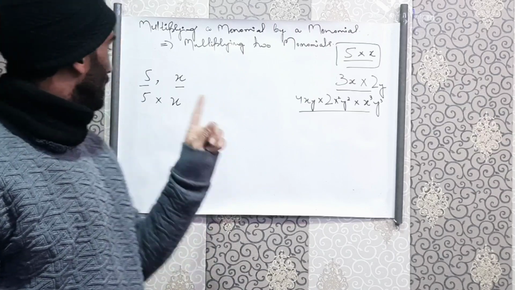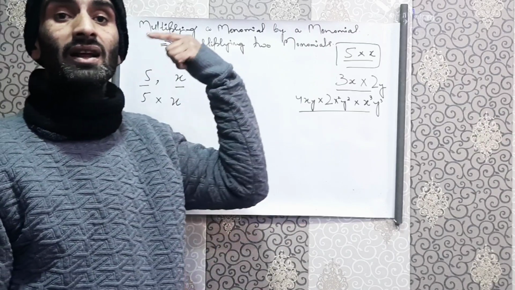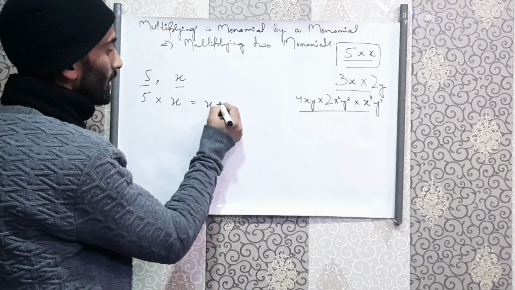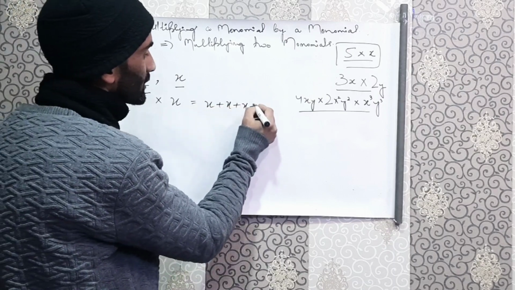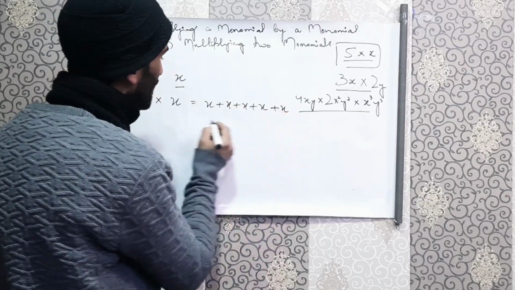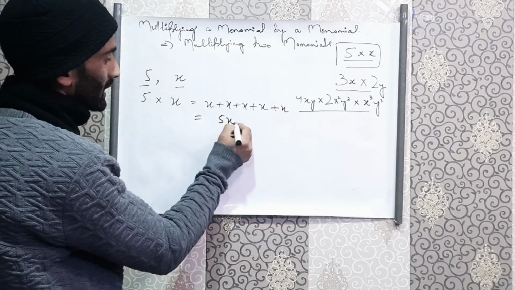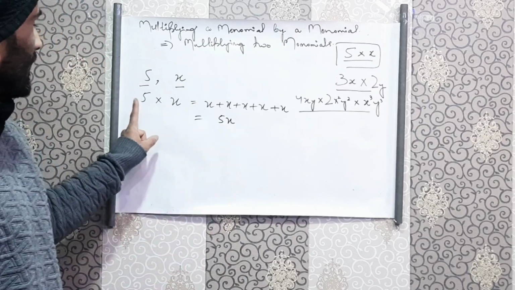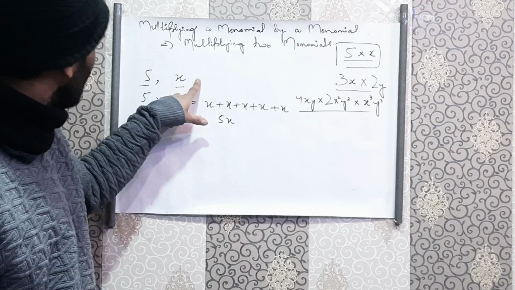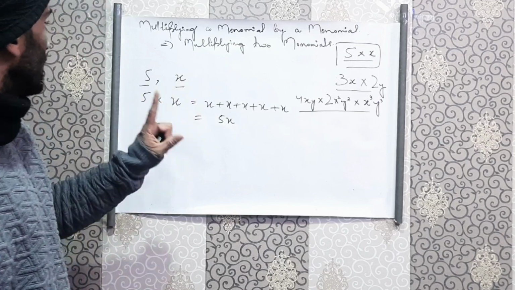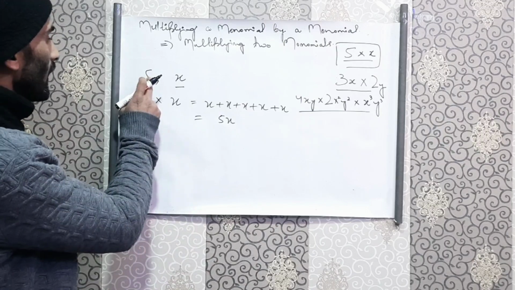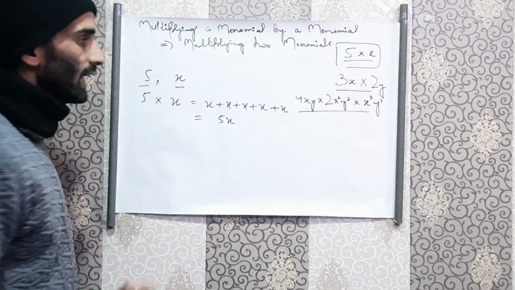Already we know multiplication means repeated addition. 5 into x means x plus x plus x plus x plus x, 1 2 3 4 5, that is equal to 5 into x. Clear, my dear? In this way we can multiply a constant term by a variable or a constant term by a monomial. That is, 5 into x is equal to 5x.